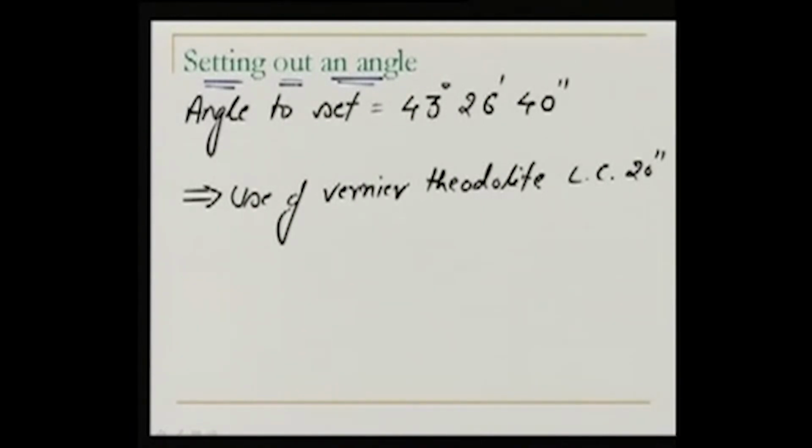I give you one example. Let us say the angle to be set is 43 degrees, 26 minutes and 40 seconds, and we have a vernier theodolite which has a least count of 20 seconds. How to set out this angle?